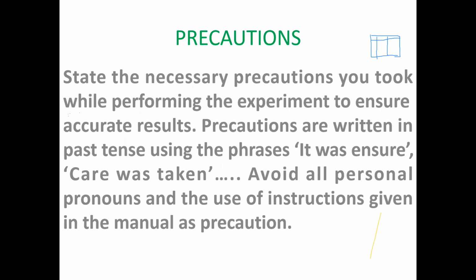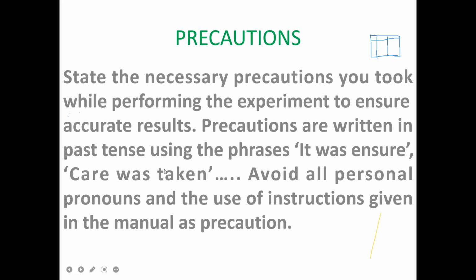For instance, in your simple pendulum, to avoid taking wrong readings, you must close the windows, and also put off the fan to avoid air resistance. That is a very vital precaution while taking measurement. And also a popular one we know is avoiding error due to parallax.